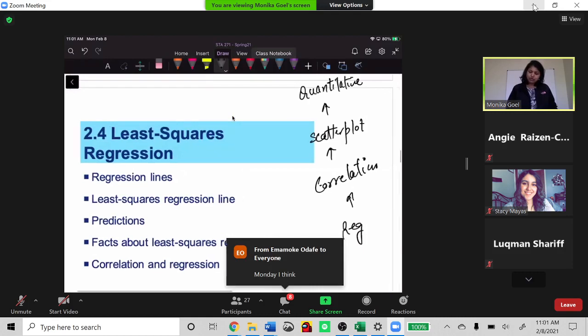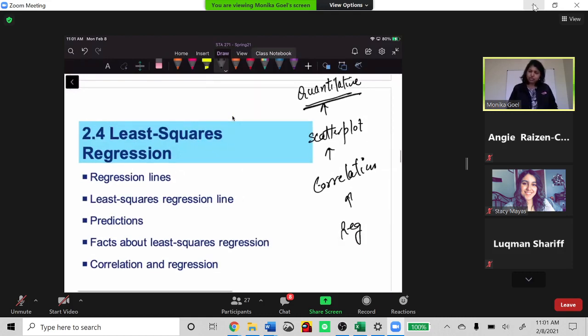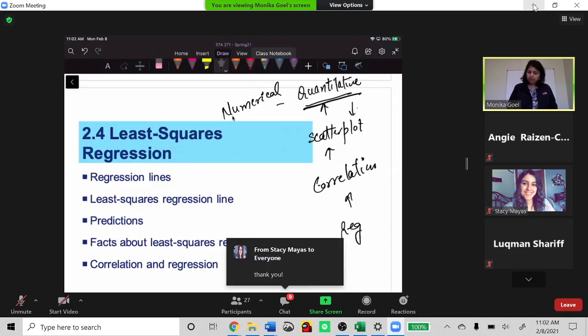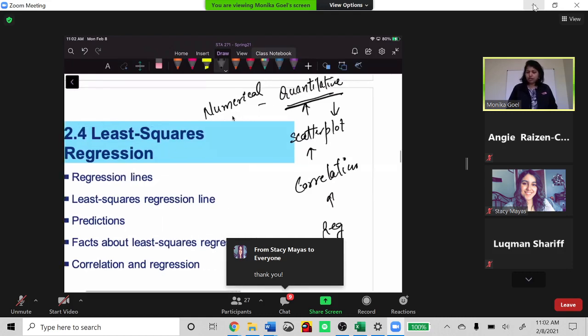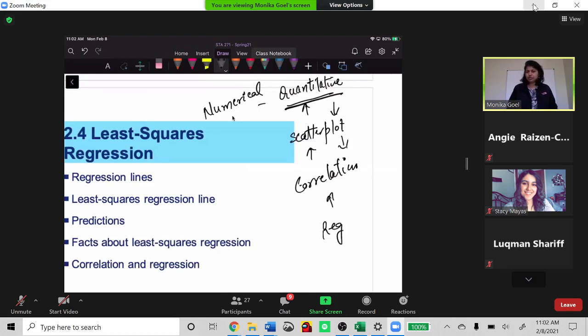So when we need to look at the relationship between two quantitative variables, or you can say numerical variables, we make a scatter plot to see if there is a relationship going on or not. If that relationship is linear, we say that there is correlation going on. Once we know there is a correlation, we can make a least square regression line, and using these lines, we can do the prediction.